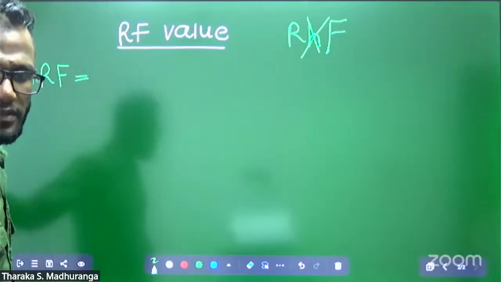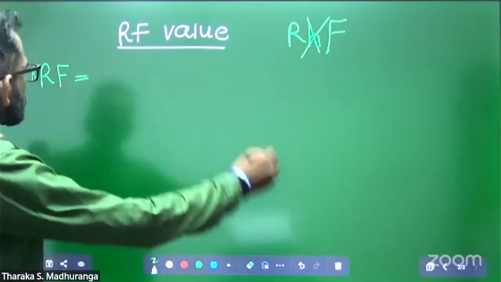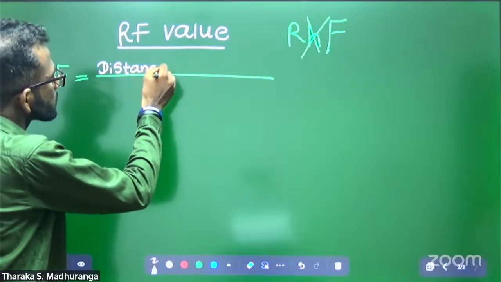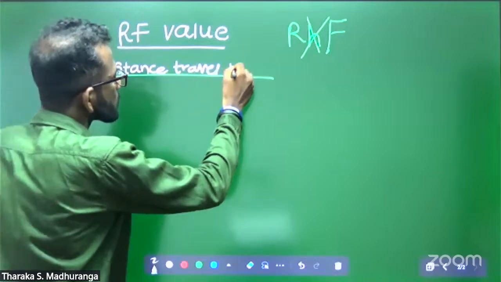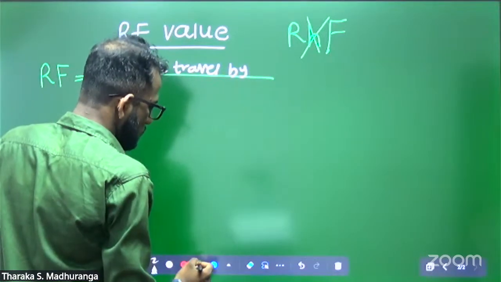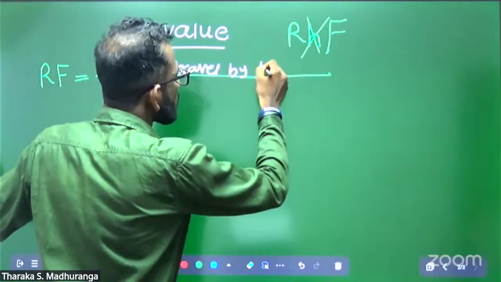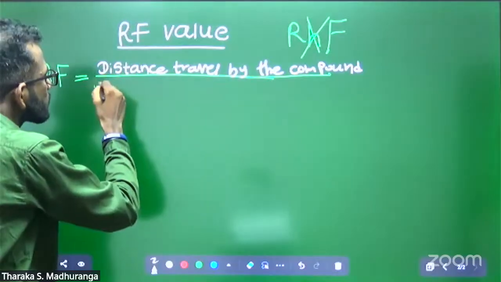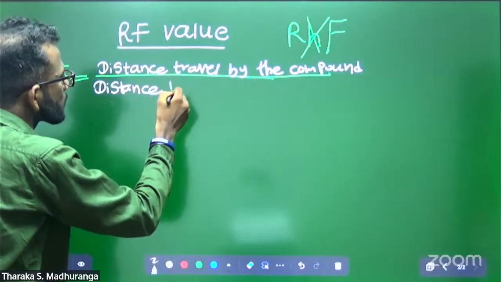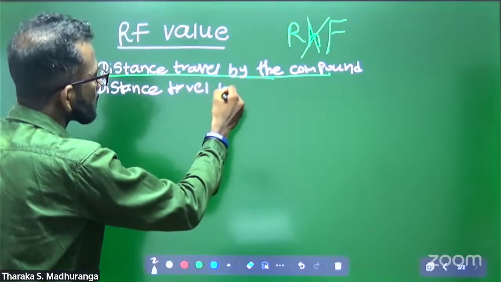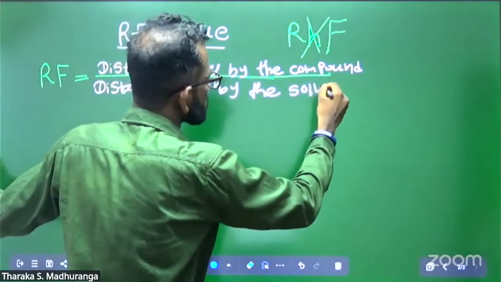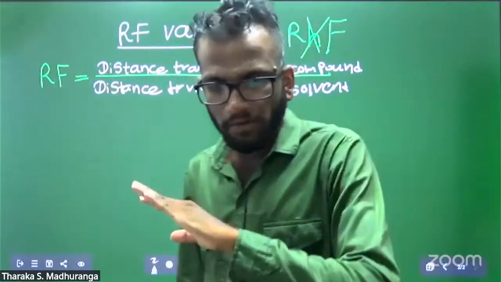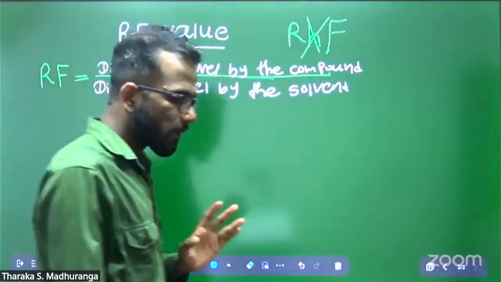The RF value is the distance traveled by the compound, any compound, divided by the distance traveled by the solvent.